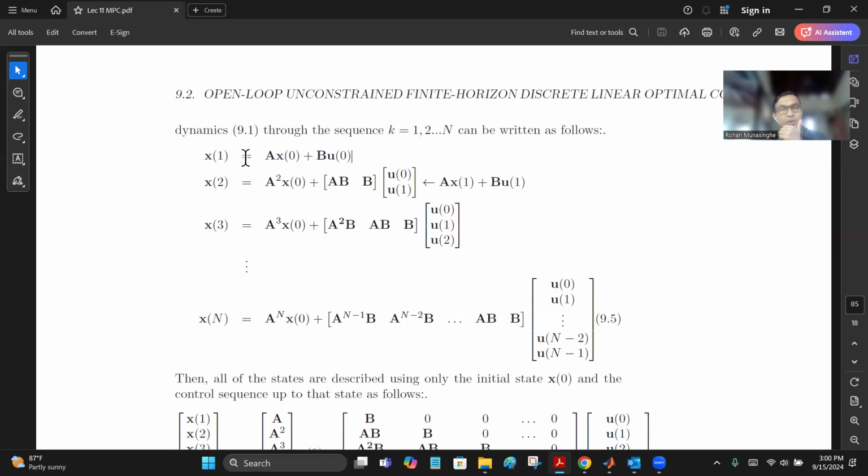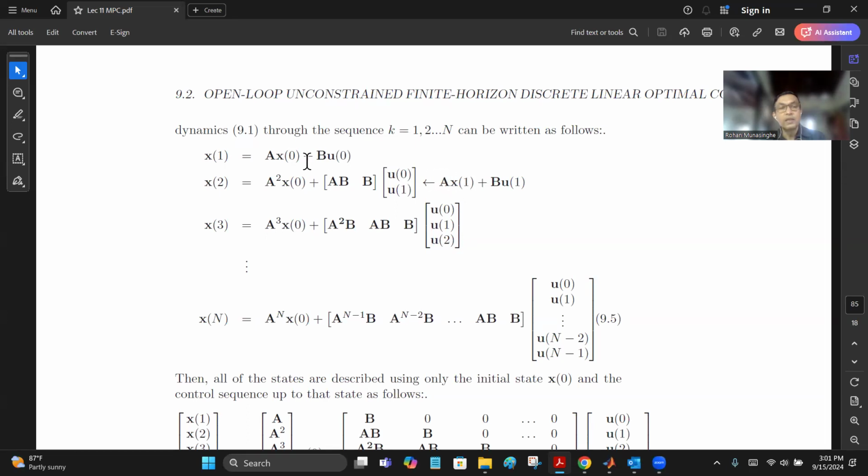Now, if you write this for x2, it is equal to ax1 plus bu1. Okay, so for time 2, it comes from time 1, ax1 plus bu1, but x1 is already here, right? Which is ax0 plus bu0. So what you do is you take this term over here and put it as x1.